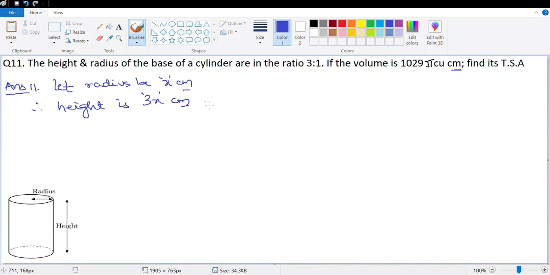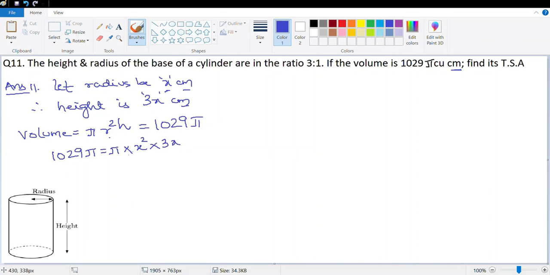What's given is volume. The volume of a cylinder is given by the formula pi r square h, which in this case is given equal to 1029 pi. Let's substitute values: 1029 pi would be equal to pi multiplied with r square, that's x square, into h, which is 3x.